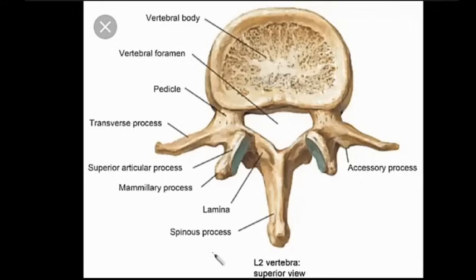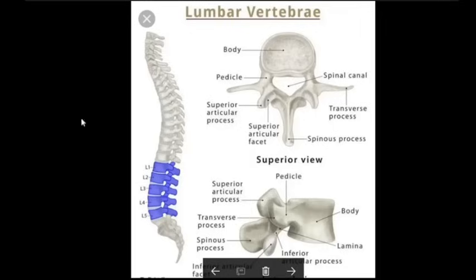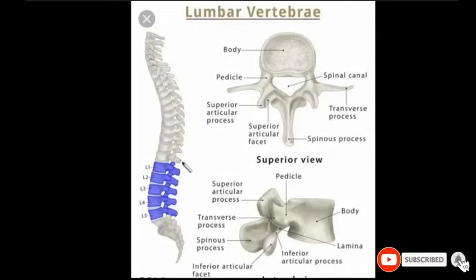So if we look at this particular picture here, we will get to understand very well. Now, we have all of these bones from T1 to T12, and then we have the L1, L2, L3, L4, L5 before we now have the sacral bone.